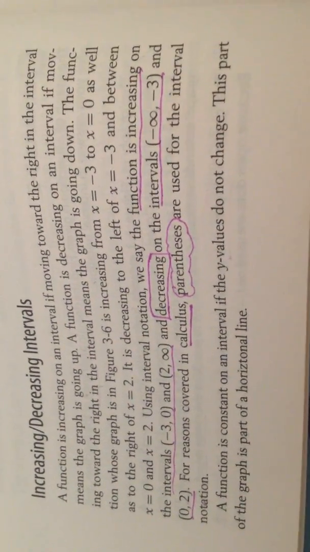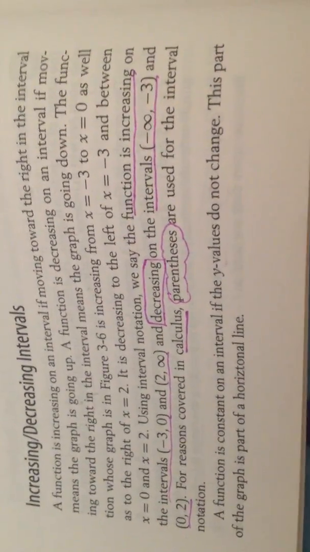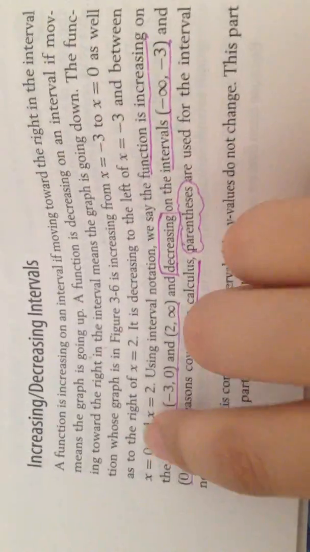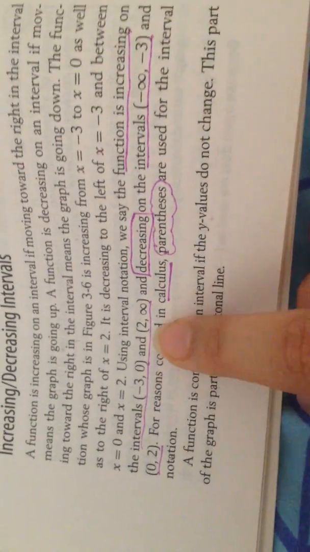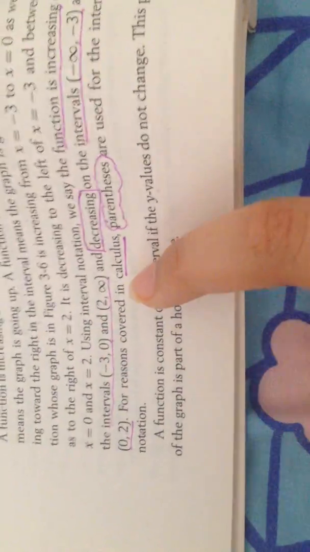So how we would write this is using interval notation, like they're showing here. Yeah. So it's increasing on the intervals -3 to 0. This is for this figure, not that one. So it's increasing on the intervals (-3, 0) and (2, infinity).